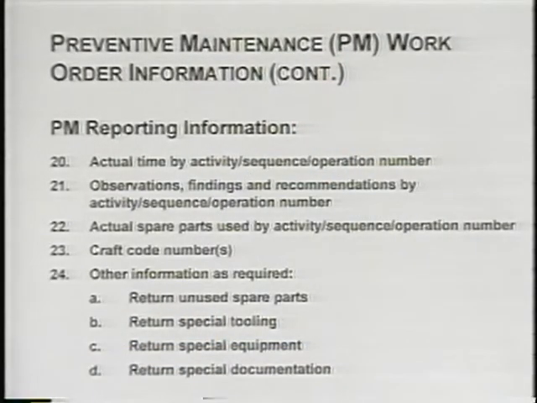Moving over to page 17B, we have the reporting requirement. So there should be on the PM form the capability to record the elapsed time on the job, clock in, clock out, the observations, the findings, and the recommendations for operating improvement.